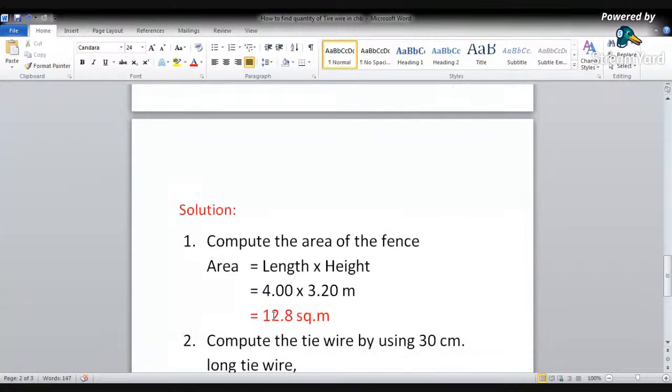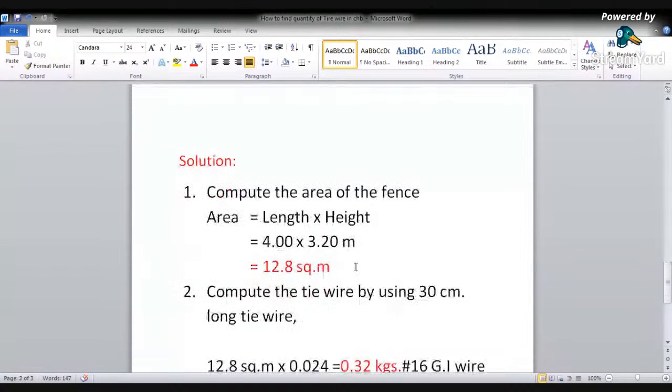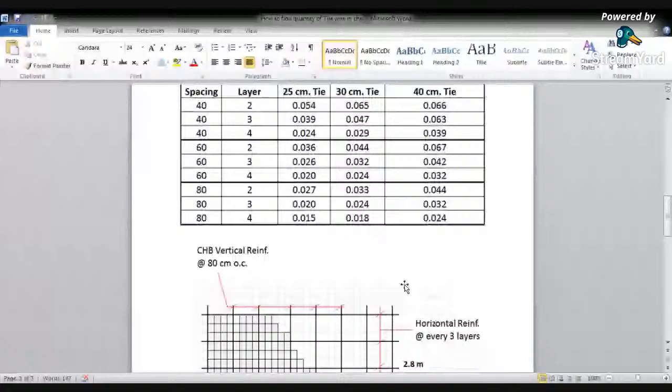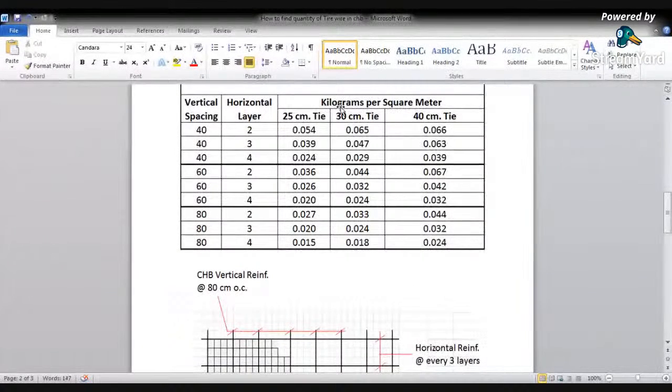So 4 times 3.2 is equal to 12.8 square meters. So now we need to compute the tie wire, number 16 GI tie wire, by using 30 centimeter long tie wire. So it means we will use the 30 centimeter tie multiplier. But it depends on the vertical spacing and horizontal spacing.